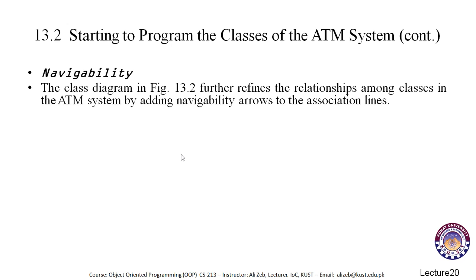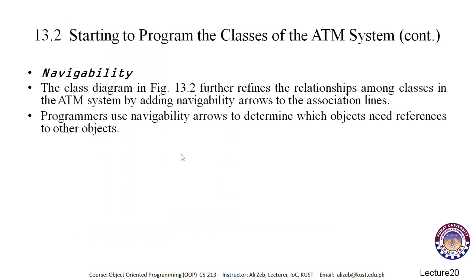The class diagram in figure 13.2 further refines the relationships among classes in the ATM system by adding navigability arrows to the association lines. Programmers use navigability arrows to determine which objects need references to other objects. This is one of the important things to identify early in our development: which classes will include references to which of the other classes in the system.